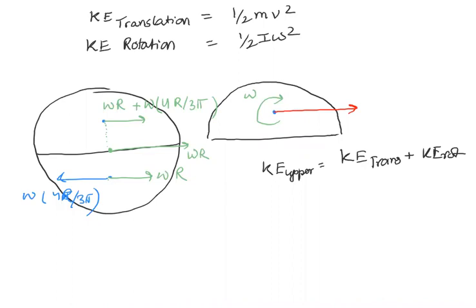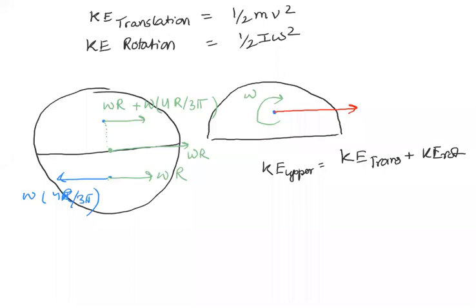Of course, we don't see them as independent in our normal daily life, because if you set something rolling, then the velocity of each and every point you will observe will be the vector sum of the velocities of translation and velocities of rotation.